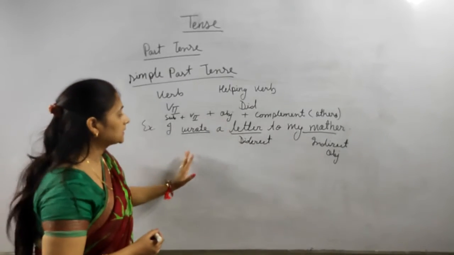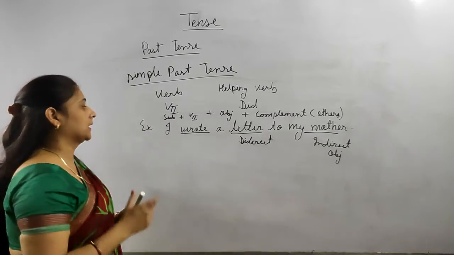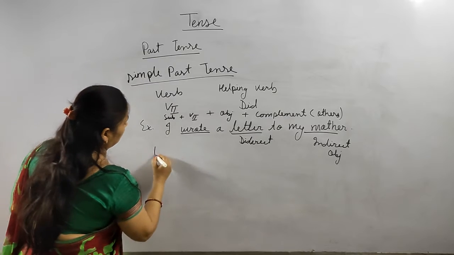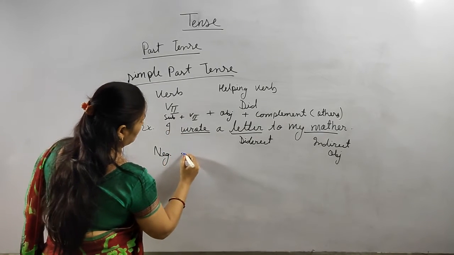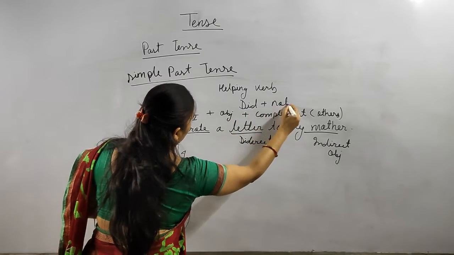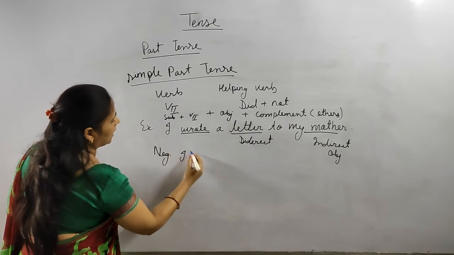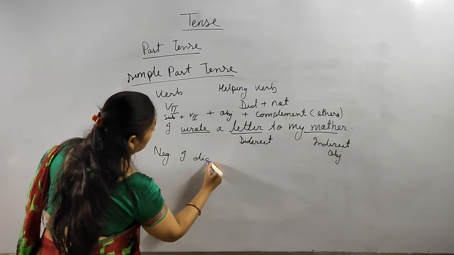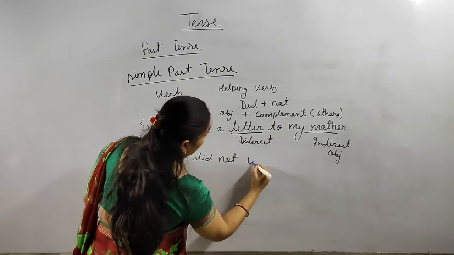Now look at the negative sentence. How can you change it into negative? In a negative sentence, did plus not we will use. So, I did not write.